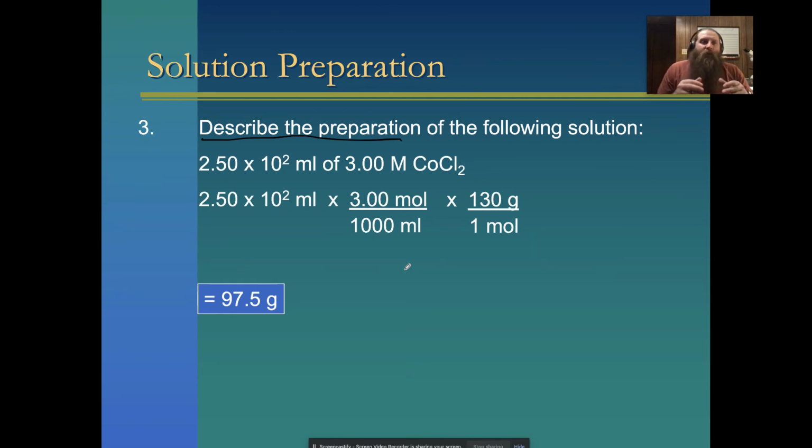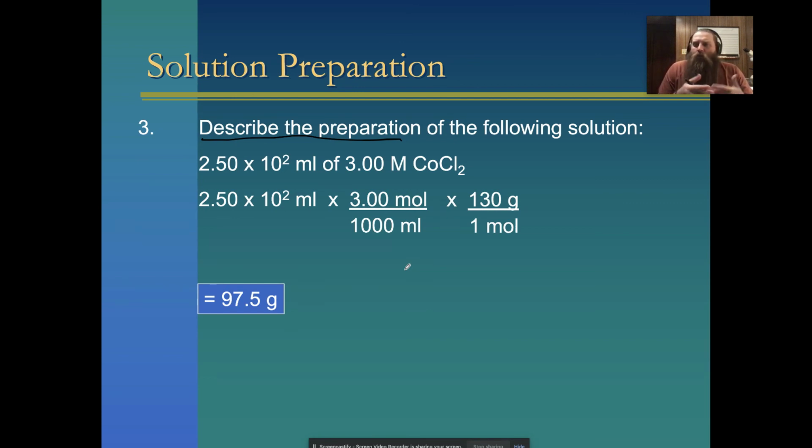Well, remember, at the very beginning of the slideshow, it says that it's moles of solute divided by liters of solution, not liters of solvent. That's a very common mistake. And so if you want to ensure that you're very accurate when you are making your solutions, then we always make sure that we only add enough water to get up to the amount of total solution that's there.